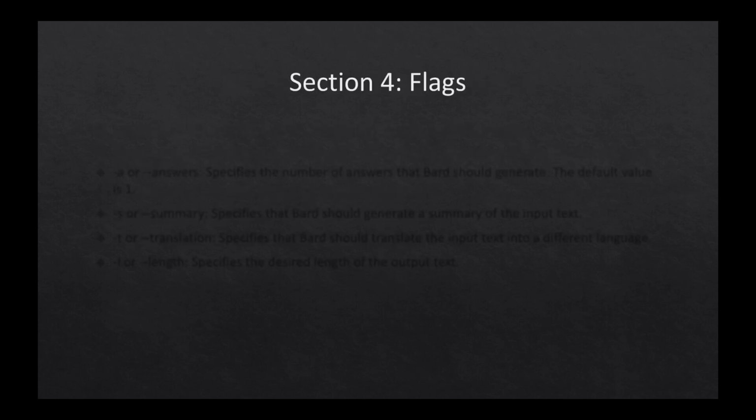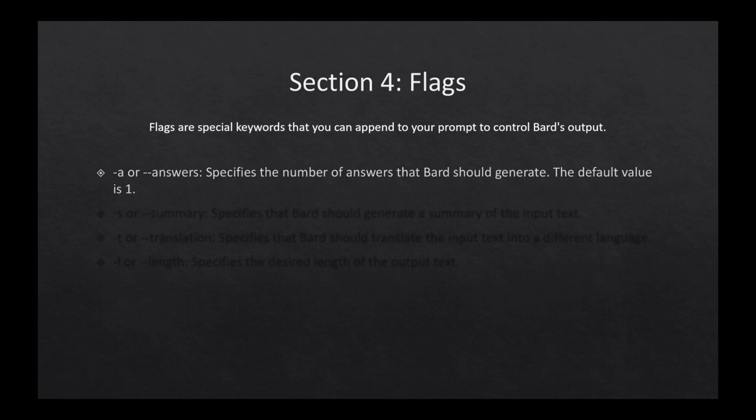The last section is flags. As I mentioned earlier, flags are special keywords that we can append to the prompt to control Bard's output. Some of the commonly used flags are -a, or --answers, which specifies the number of answers that Bard should generate.